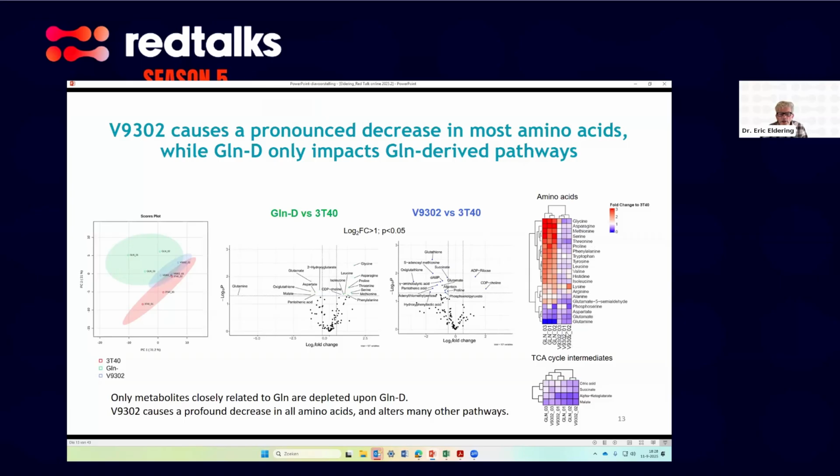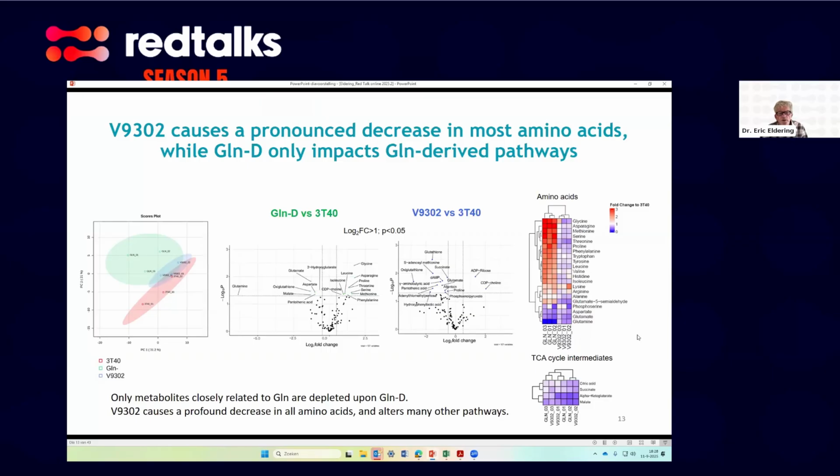So V9302 reduces many other amino acids, whereas the glutamine depletion from the medium has effects on just a few: glutamine, glutamate, aspartate, as expected.